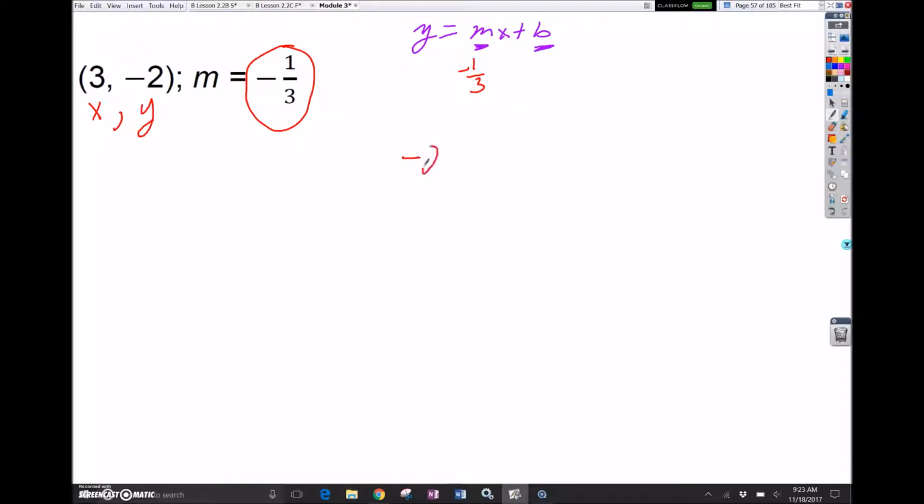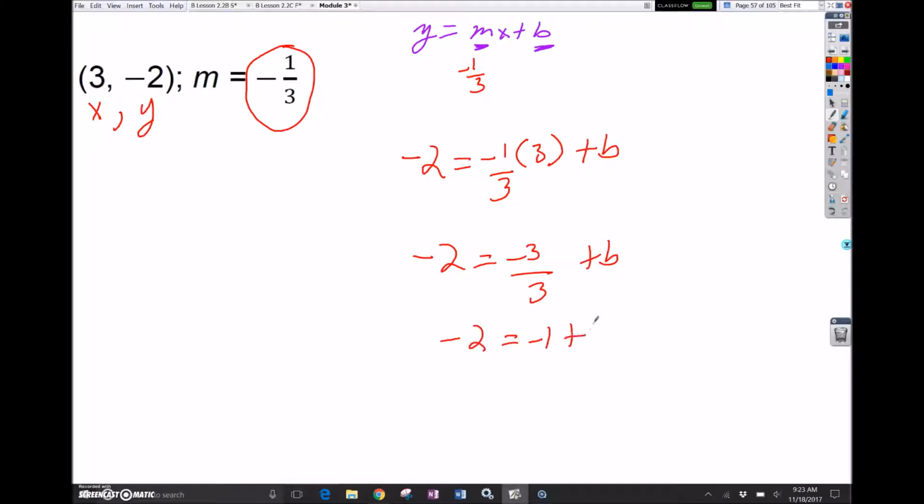So I'm going to have -2, because that's my y, is equal to -1/3 times my x value. And the x value they give us is 3, plus b. So I'm going to have -2 is equal to -3/3 plus b. -2 equals -1 plus b. I'm just going to add 1 on both sides to get -1 is equal to b.